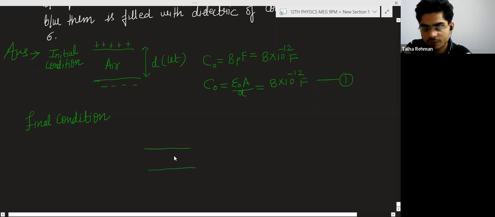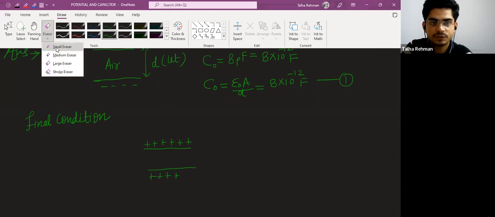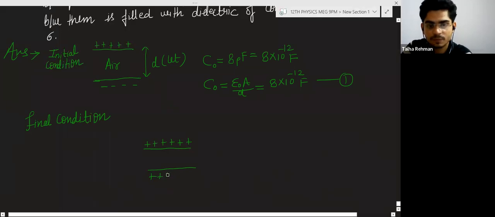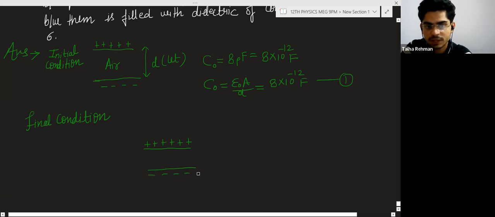The area of the plates of the capacitor is the same, but the distance is reduced by half. This is the negative charge. And this time the distance becomes d by 2, and the area of the plate here is A. Here also the area of each plate remains the same.